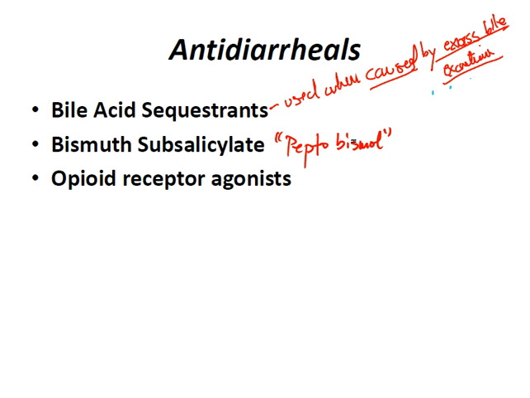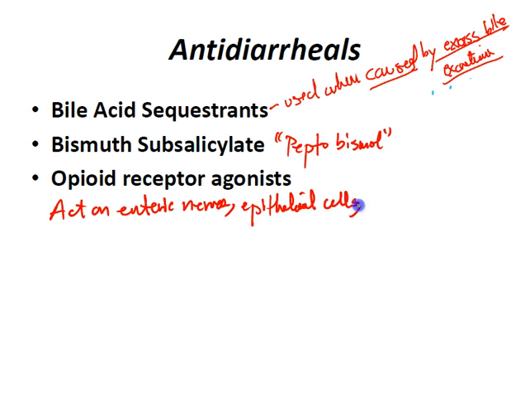Now, moving on to the opioid receptor agonist, these act on enteric nerves, epithelial cells, and muscle.